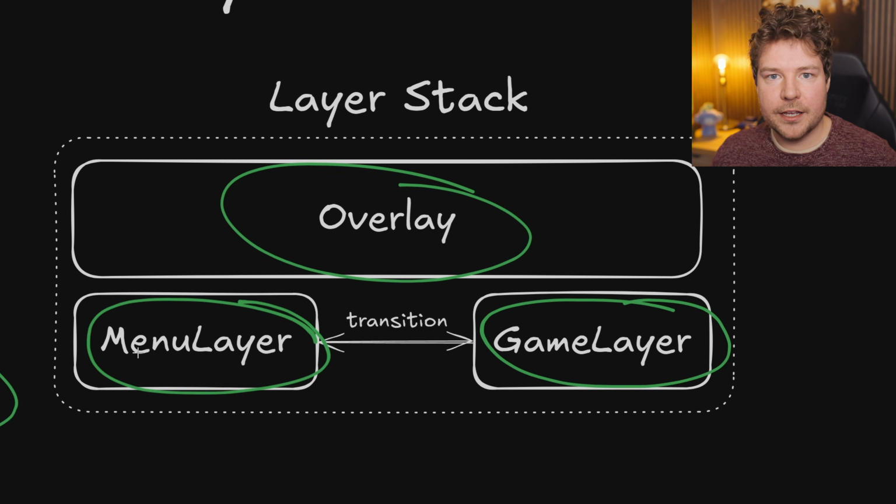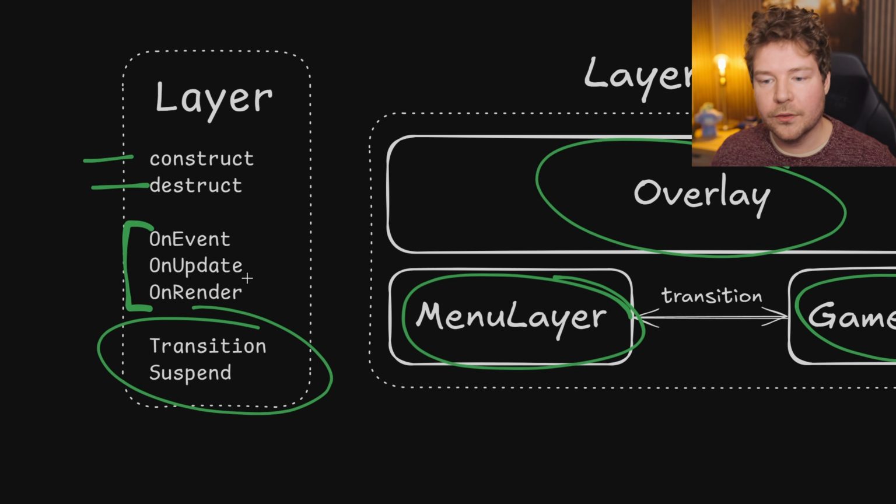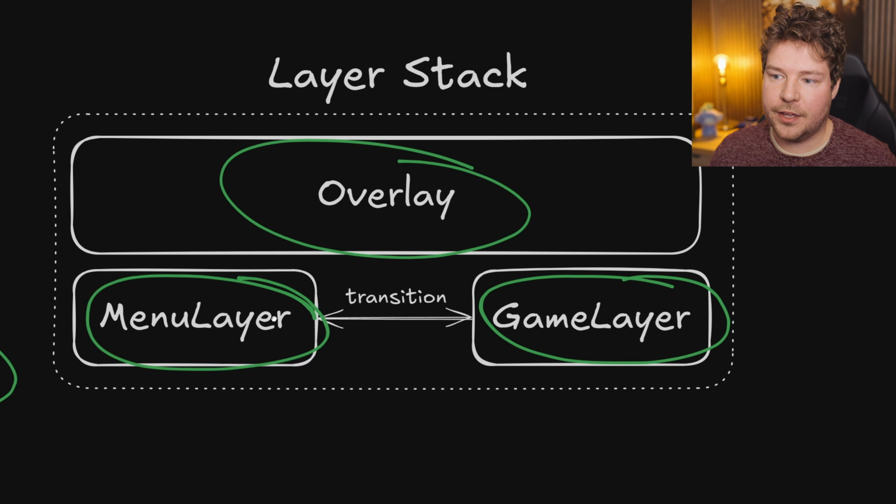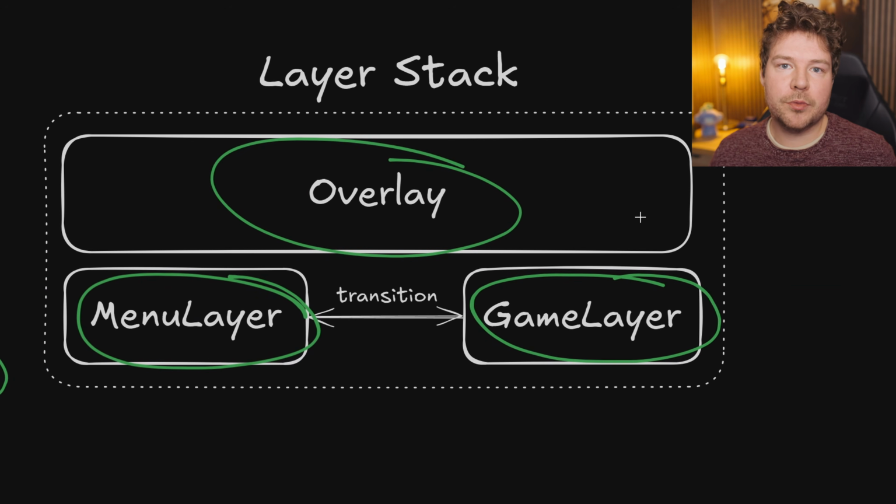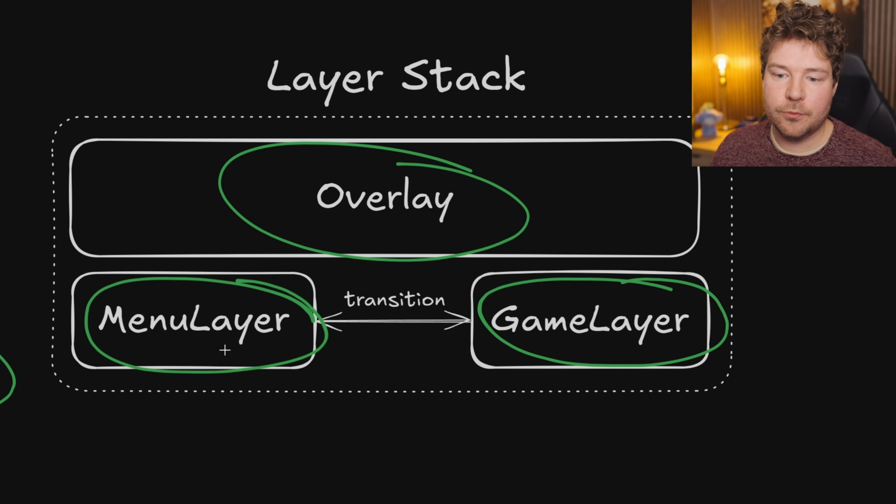So it doesn't matter if the menu is being shown or if the game is being played, we'll still have this functionality active. And that doesn't necessarily imply rendering, because layers don't have to do all of these things. They don't have to render anything, but maybe we just have something running globally throughout our application and we want that logic to function regardless of whether our menu layer or game layer is currently active.